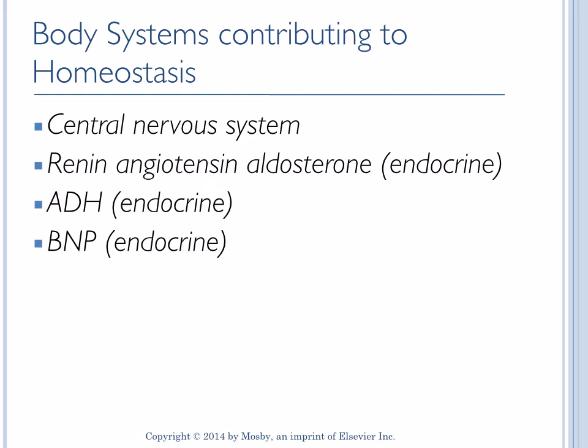Now we're going to the renin, angiotensin, aldosterone system. Whenever there is a decrease in cardiac output, kidneys will sense this decrease in perfusion, and something called renin, R-E-N-I-N, is secreted into the blood.